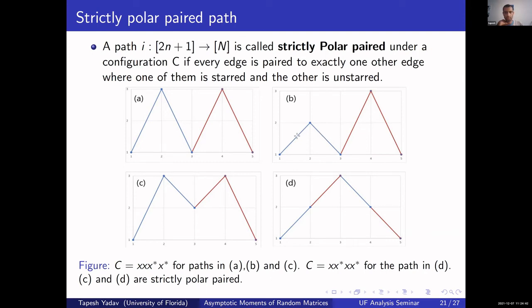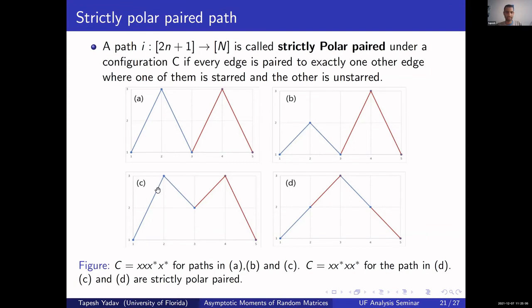The first edge and second edge are the only ones with the same endpoints. But in B, what we do not have is the starred and unstarred pairing. The starred and unstarred edges are not paired together. Here, the first unstarred entries are paired together, and then both the starred entries are paired together. That's not what we want.